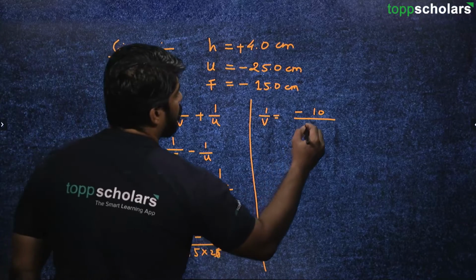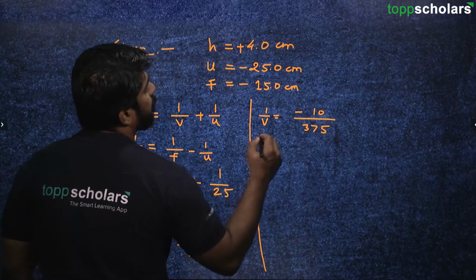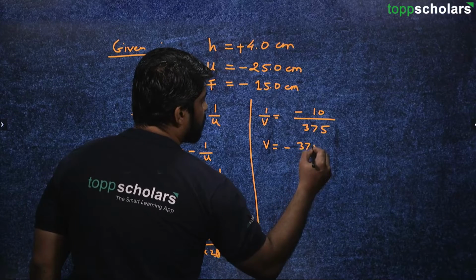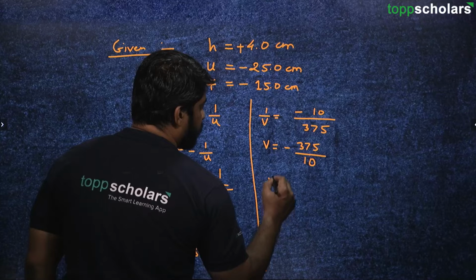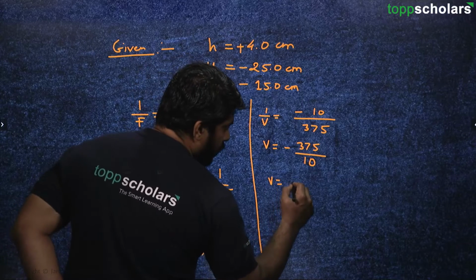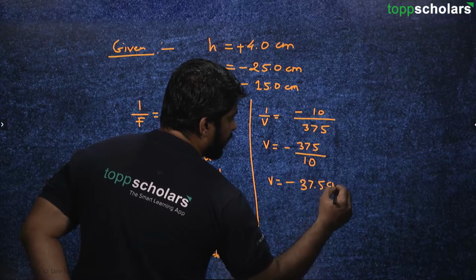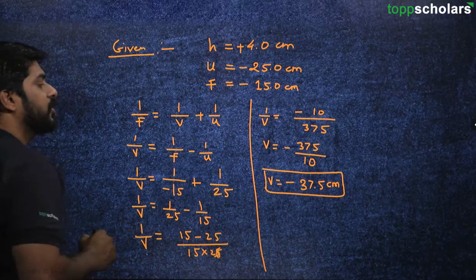So 25 into 15 would be 375. So v would be equal to minus 375 divided by 10, and the final answer would be minus 37.5 centimeters, and that would be the image distance.